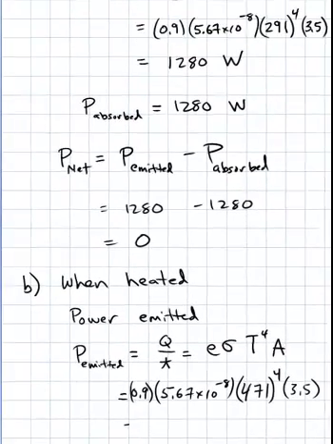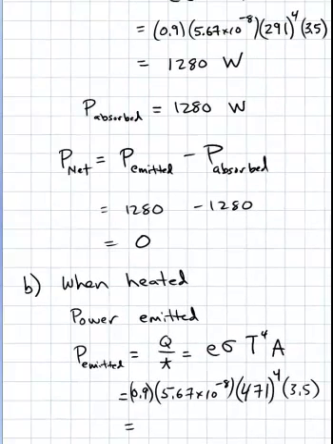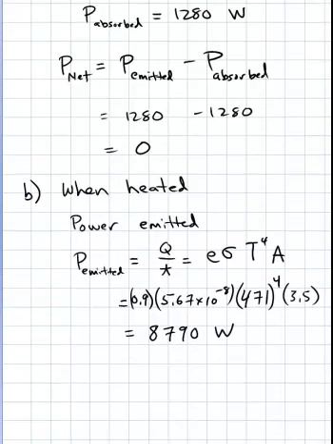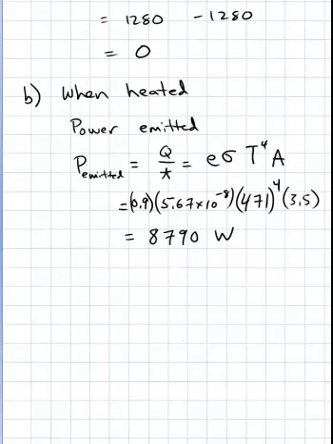And this answer better be more than we got when it was cold, right? Because we expect it to radiate a lot more energy when it's hot, and it does. It's 8,790 watts, which is much more energy radiated than when it's cold. Now let's look at power absorbed.